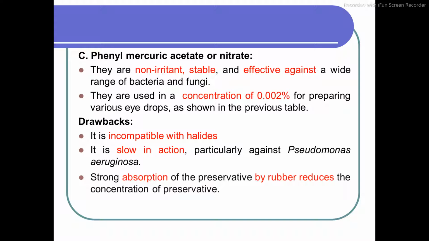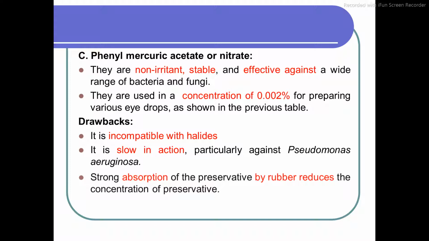You may have seen that these ophthalmic preparations, mainly eye drops, are stored in glass vials which are closed by a rubber closure. If your eye drop contains phenyl mercuric acetate or nitrate, after 1 month or 2 months you can see that the concentration of preservative is gradually decreasing.